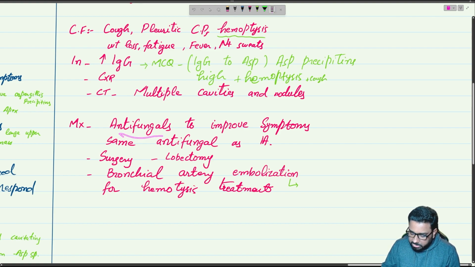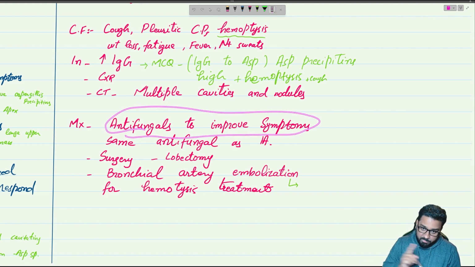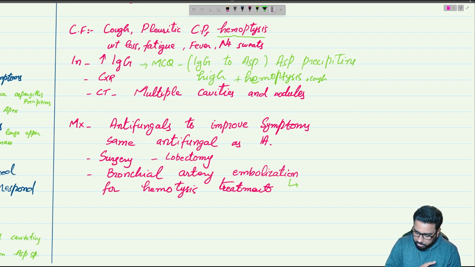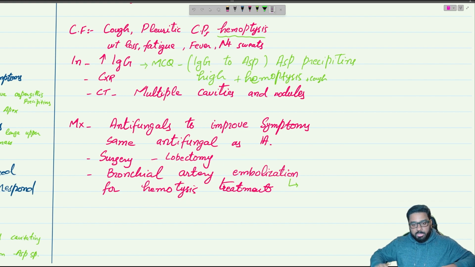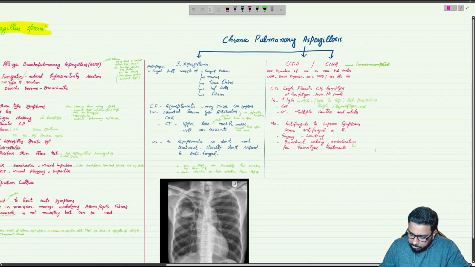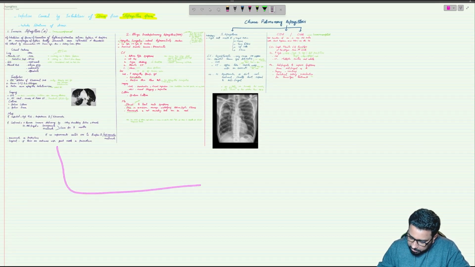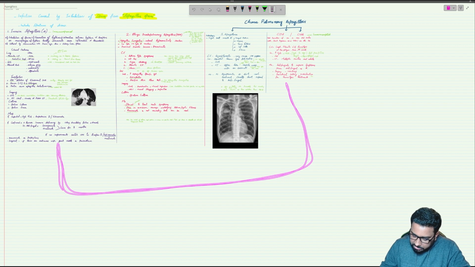Antifungal to improve symptoms, and the same antifungal we give for invasive aspergillosis. Surgery, we need to remove that lobe, and obviously for hemoptysis we can do bronchial artery embolization for the treatment of hemoptysis.